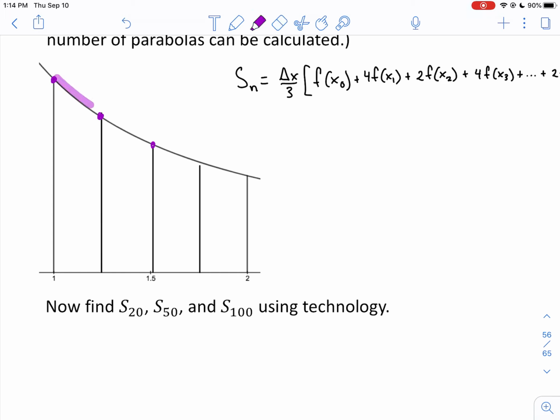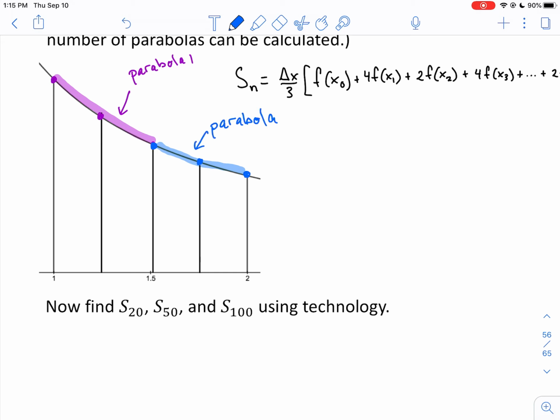And the parabolic arch is going to look very similar to the non-parabolic function. 1 over x is not a parabola. But we're going to connect these 3 dots with a parabolic arch, or I'll just call it parabola 1. Then we're going to pair off the second 2 columns. Use this point here again, use this point and then make a parabolic arch through those 3 points. And this would be parabola 2.